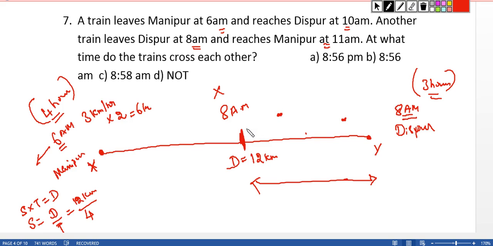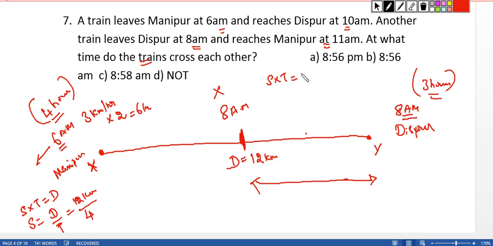This guy would have covered this much distance and this guy would have covered this much distance, so between them they would have covered the entire 6 kilometers. At what time will these two trains cross each other?